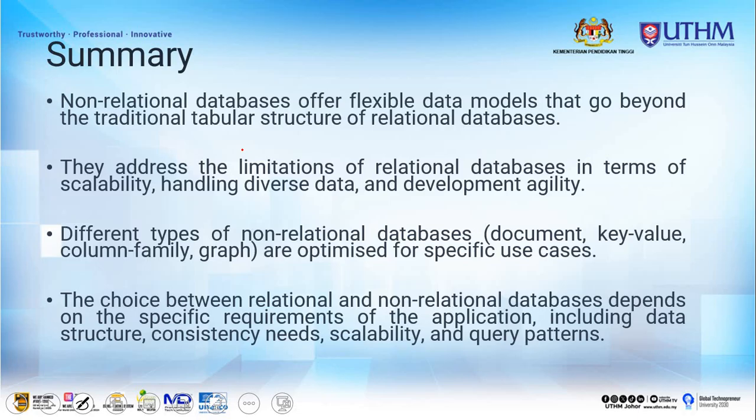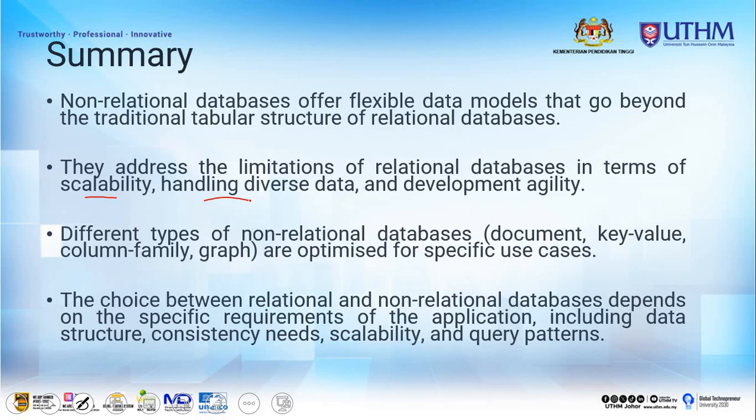Summary. Non-relational databases offer a flexible data model that goes beyond the traditional tabular structure, which is the relational database. They address the limitations of relational databases. Even though relational databases are good enough, they have some limitations that can be solved using non-relational databases, for example scalability and handling diverse data. There are four types of non-relational database: document, key-value, column, and graph.